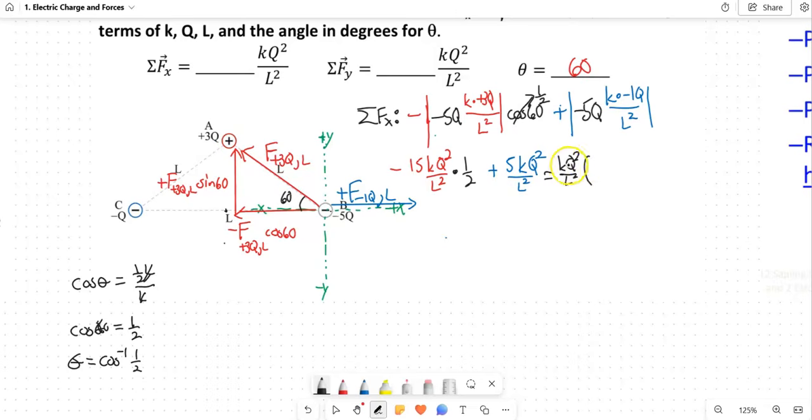And I'm going to have a negative 15 divided by 2. So what is that? 7.5. So that's going to be negative 7.5 plus 5, which is going to be a negative 2.5 KQ squared over L squared. So a negative 2.5.